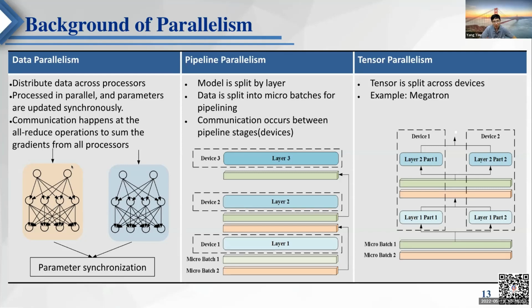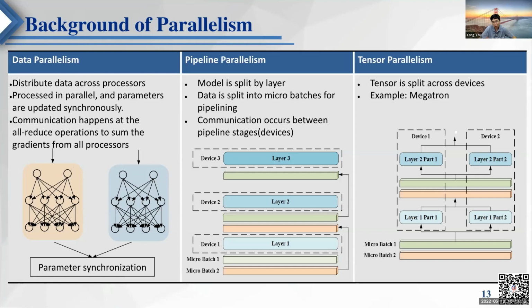That's data parallelism. Pipeline parallelism is very useful today. Basically, we build different pipes, and for each pipe we partition the mini-batch into different micro-batches.